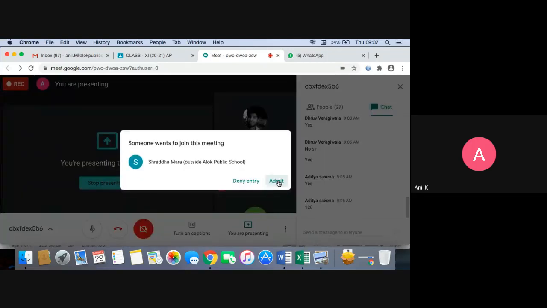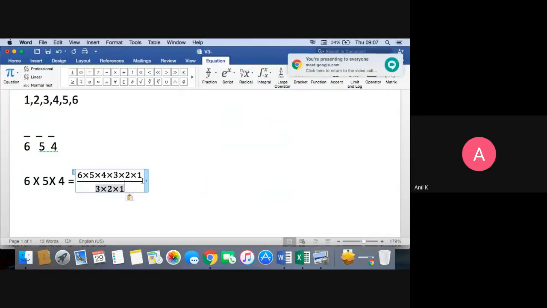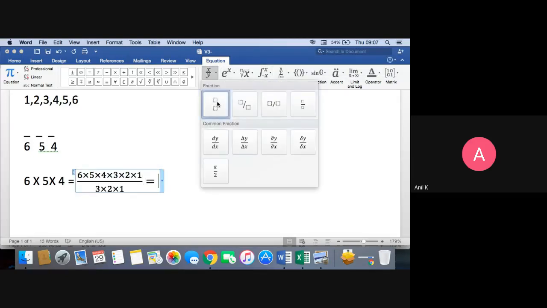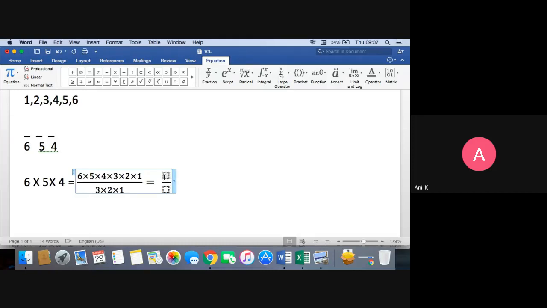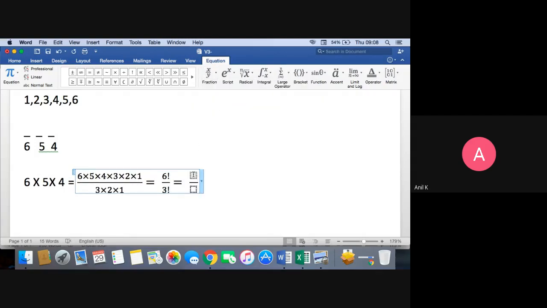Yes, it is 120, but I don't want the answer now. We are going to derive a formula here. The numerator is the product from 6 to 1, so I can say that as 6 factorial, and the denominator I can say as 3 factorial. 6 factorial upon 3 factorial, but I can still rewrite this.